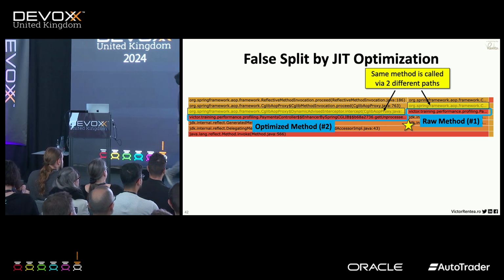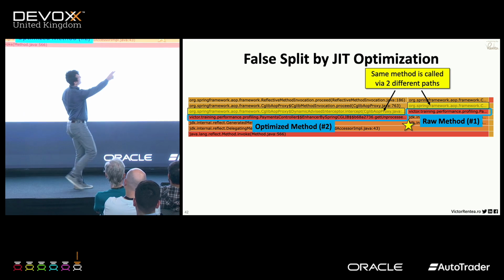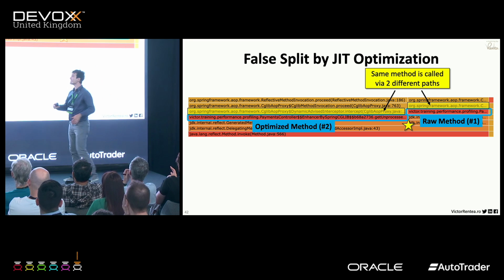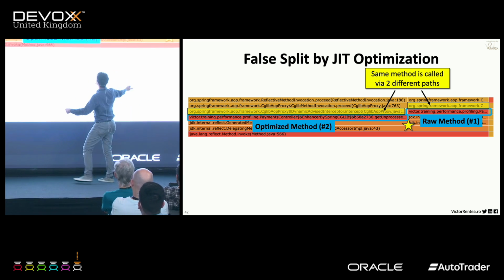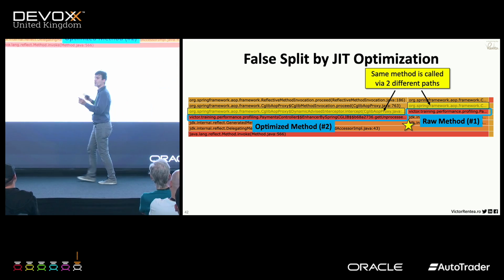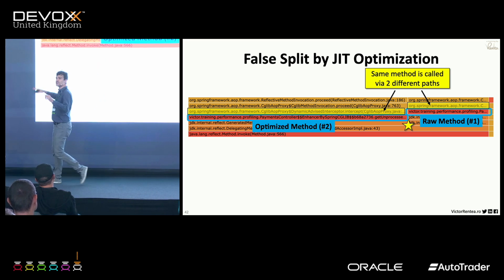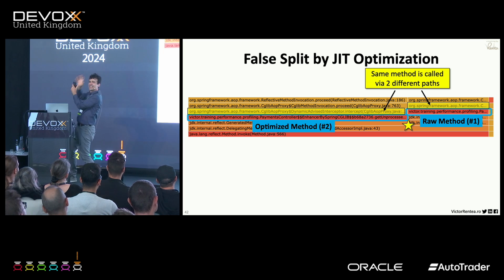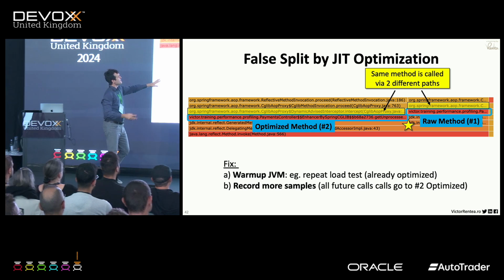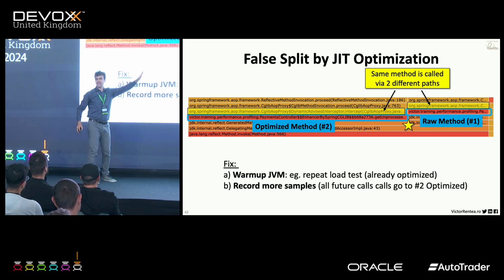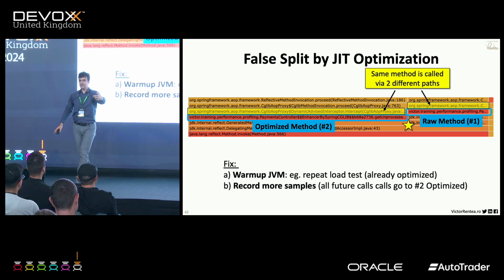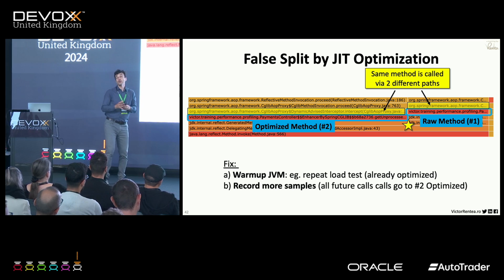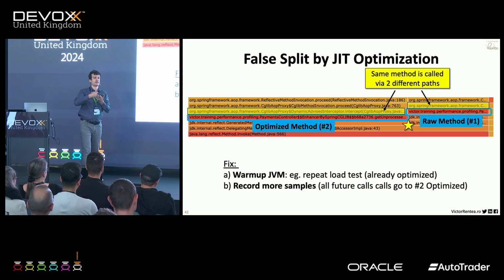The right part is what happened when the Java was still warming up, and once it got optimized, the same yellow method got called through another blue one, which is the optimized version of the number one. To cut to the point, when you see this, please repeat the load test on the same instance, because the Java is already optimized. You won't see the right part again. Or it's a good practice to fire up some warming.